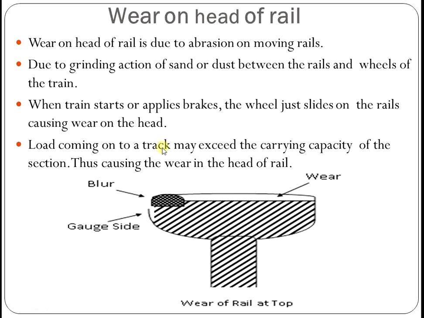Next, the load coming on the track may exceed the carrying capacity of the section, thus causing wear of the head rail. This is a blur section, that is a gauge side, and this is a wear. The third point is the heaviest load: the maximum load coming on the head of the rail causes the wearing of the head rail.